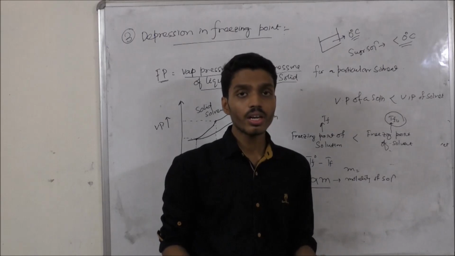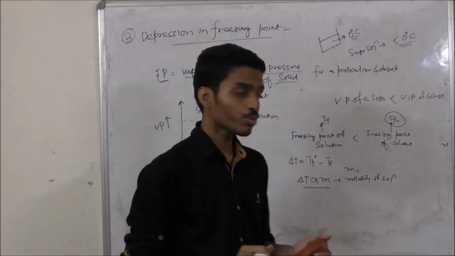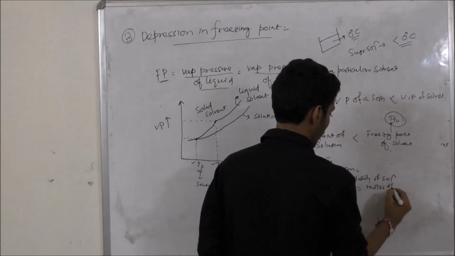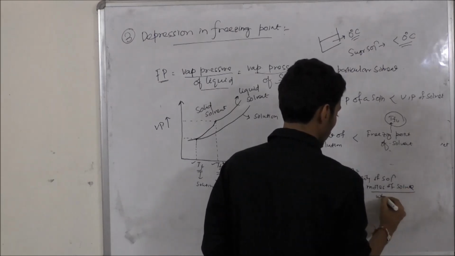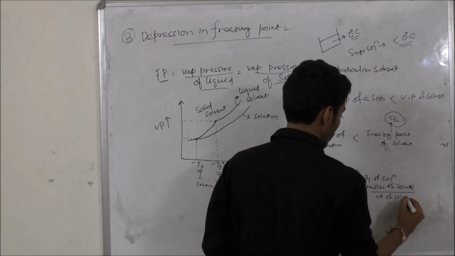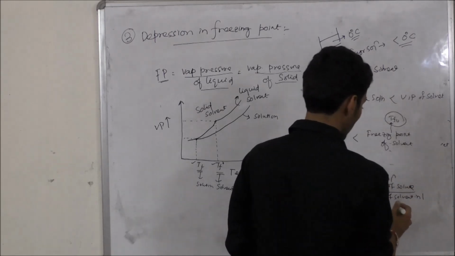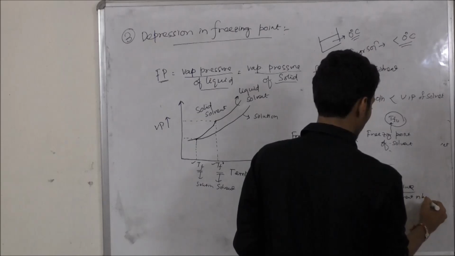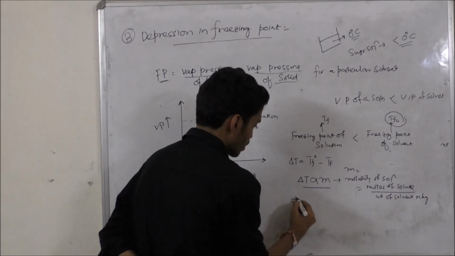And what is molality? Molality is the number of moles of solute present in 1 kg of solvent, that is, moles of solute divided by weight of solvent in kg. Okay, so let's write this first.